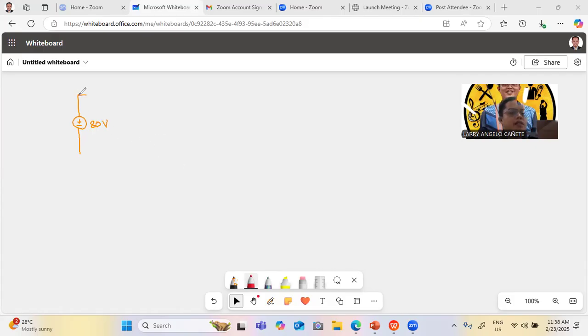And I have here the resistor. So ito-draw ko muna yung circuit ko ha.